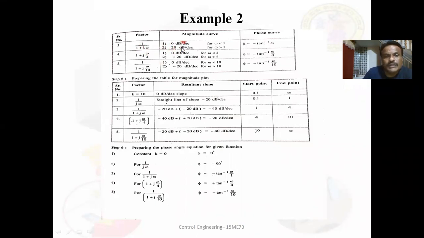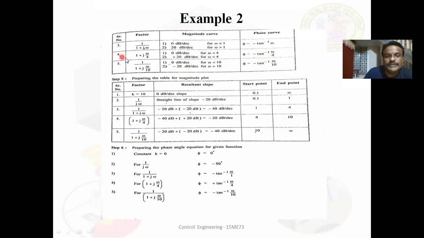The magnitude curve is 0 dB per decade for omega less than 1, then minus 20 dB per decade for omega greater than 1. For the phase angle, you know that it is tan inverse of imaginary part by real part, so this is minus tan inverse of omega by 1.